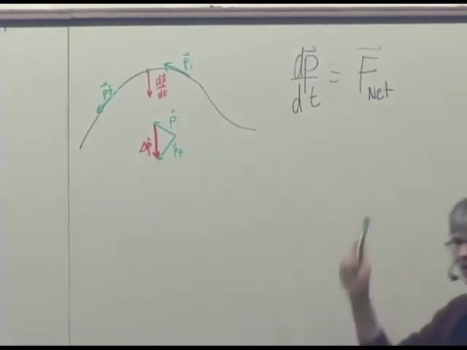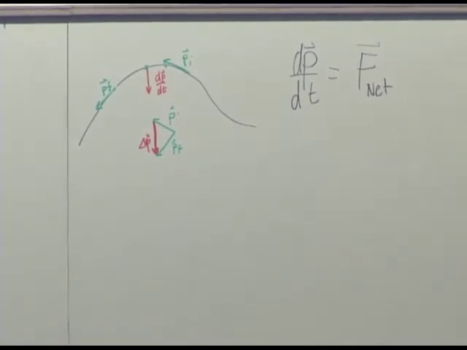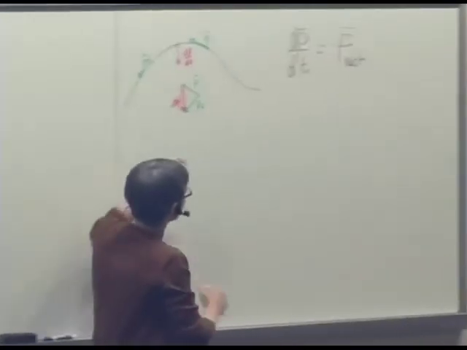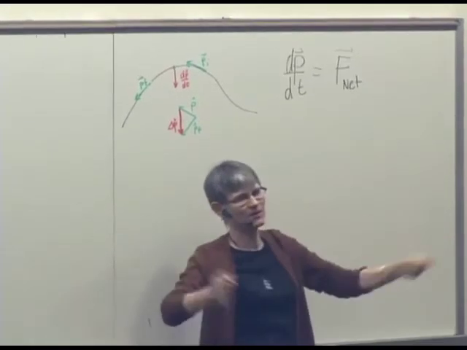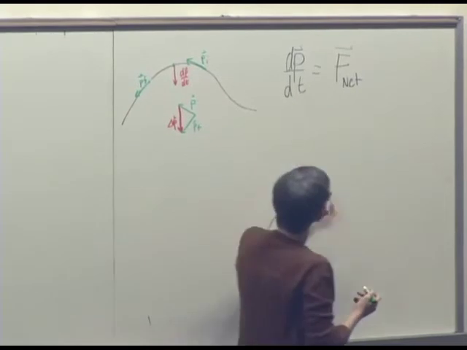One point I want to make about this form of the momentum principle, or any form of the momentum principle: this is, of course, a very compact mathematical notation that has a lot of information in there.